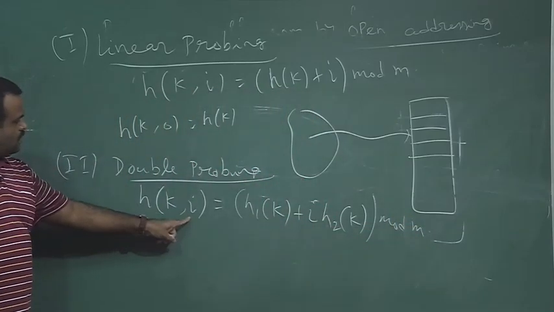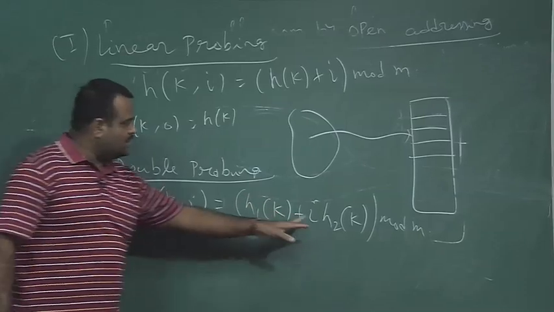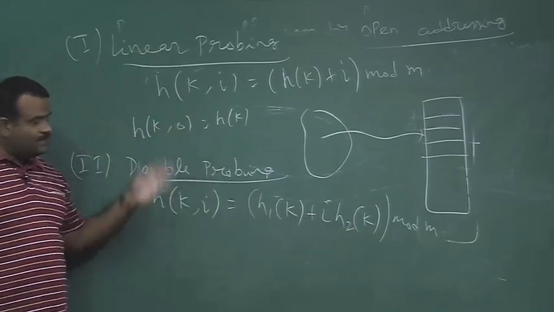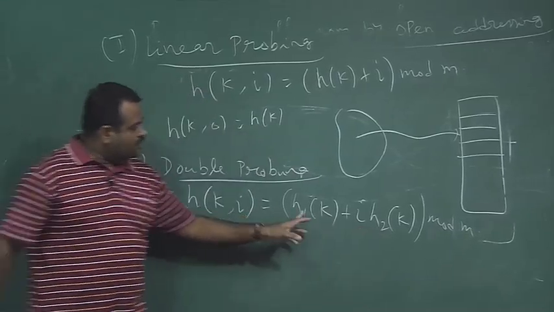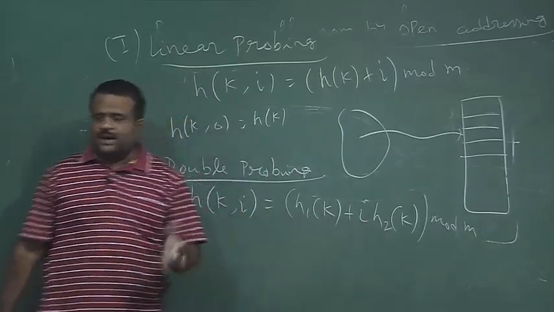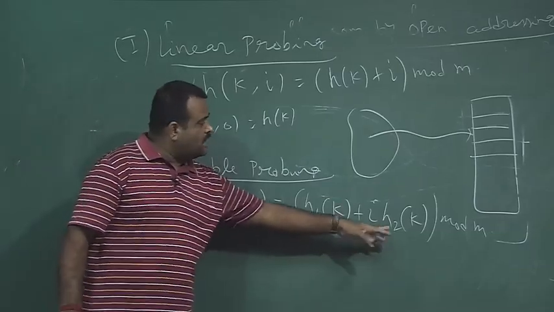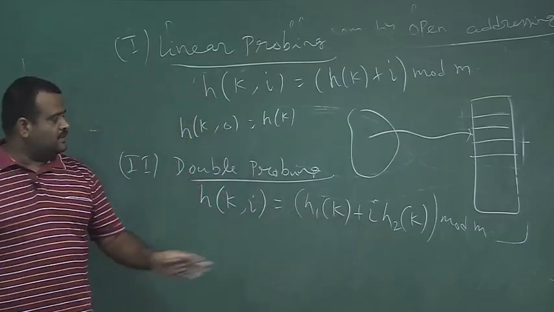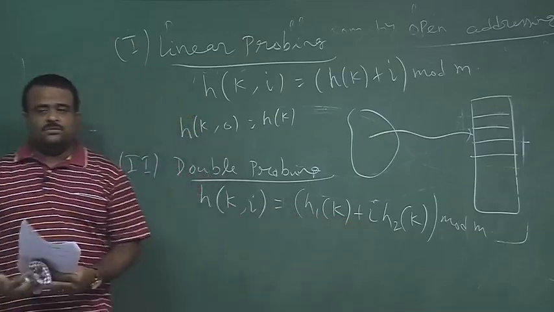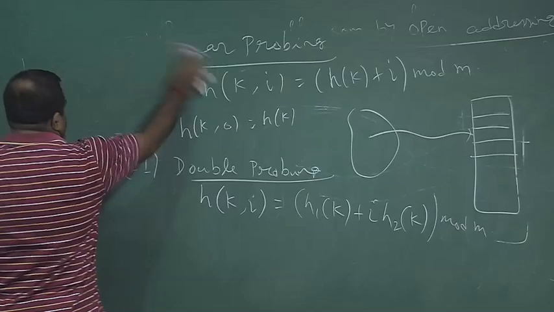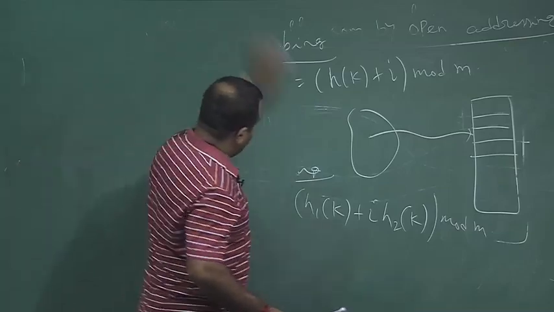For the 0th probe, it is just h1 of k, that could be our original hash function, because this part is 0. Otherwise, if it is not getting a free slot, then we compute h1 of k plus h2 of k mod m. If it is still not free, we keep trying for a free slot by adding h2 again. So these two are the examples for probing.